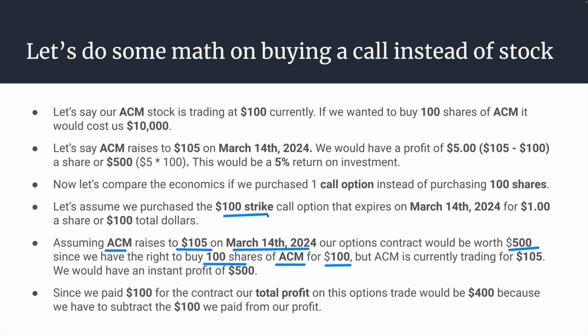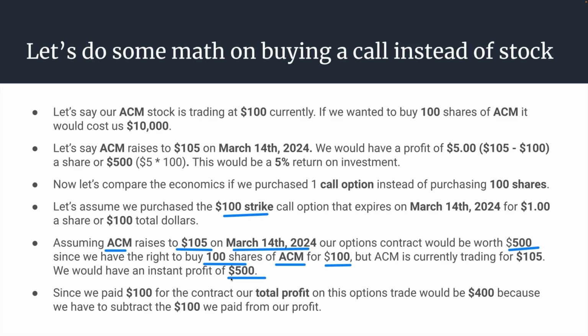On March 14th, we could have executed our call option and purchased 100 shares for $100. But on the open market, ACM was trading for $105. So once again, we could have just immediately turned around and sold those shares on the open market and made $5 a share.